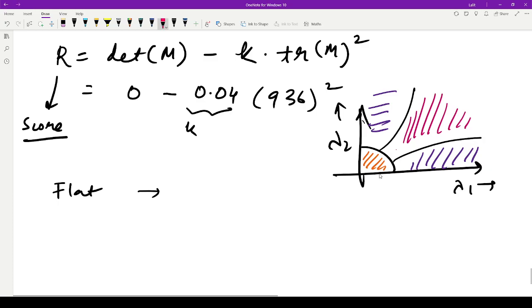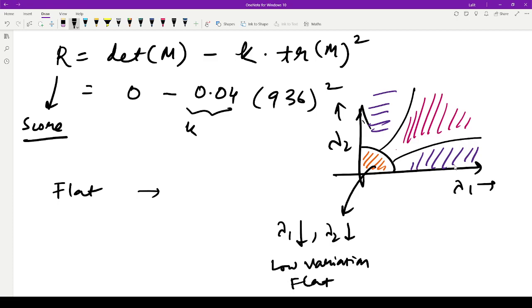Can you tell me what this diagram represents? In this region, both lambda 1 and lambda 2 are low. What does it mean? It is flat, because there is low variation in both directions.